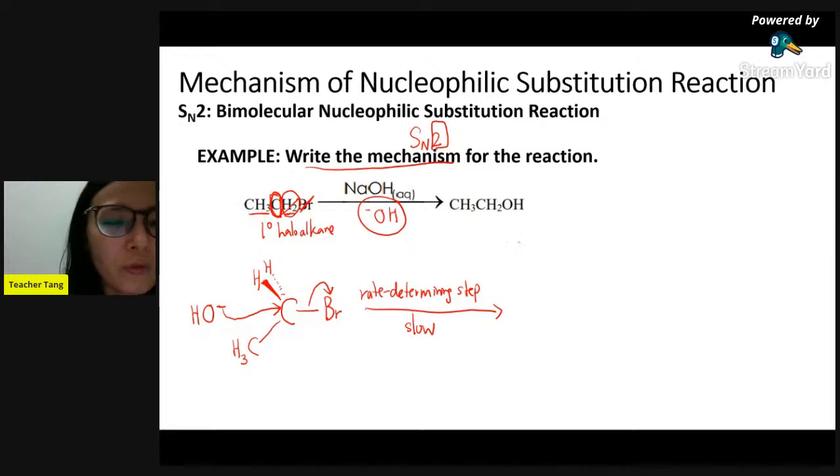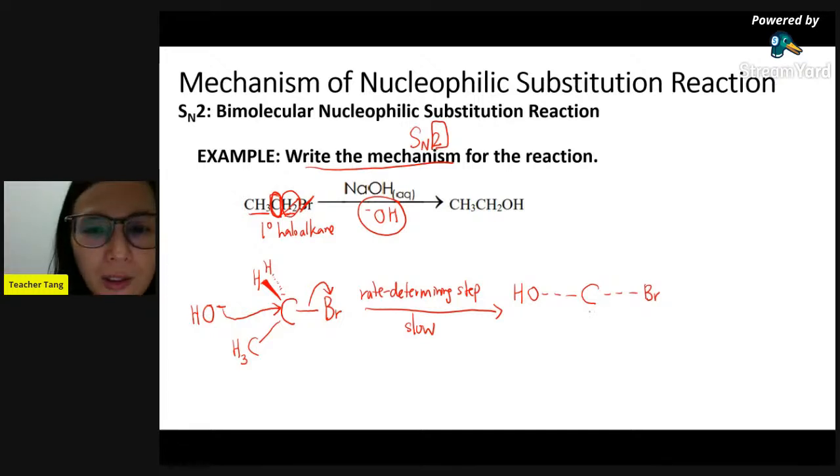So how to form the transition state? Remember, the carbon partially forms a bond with the nucleophile, and the bond between the carbon and halogen is partially broken. You need to draw it in the trigonal bipyramidal shape.